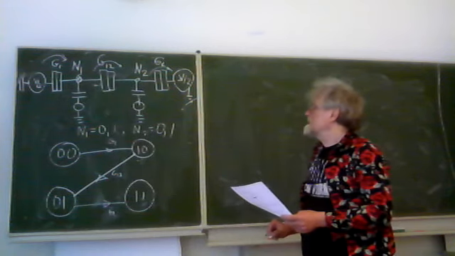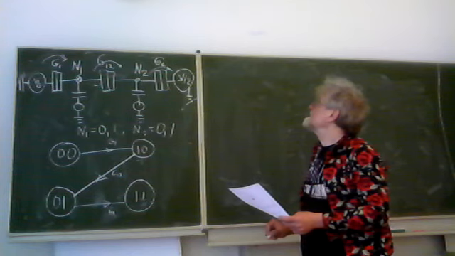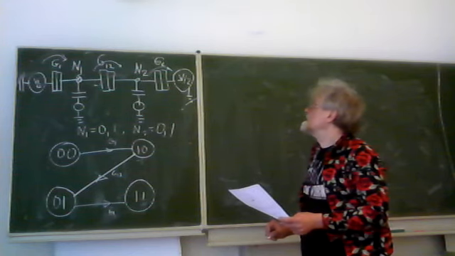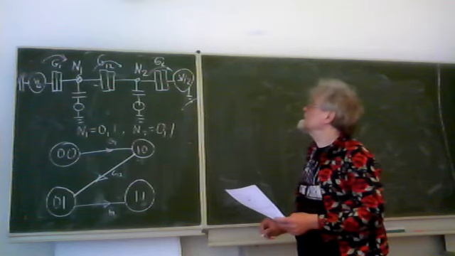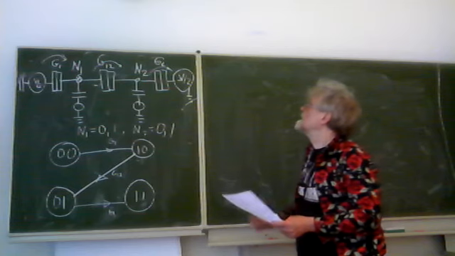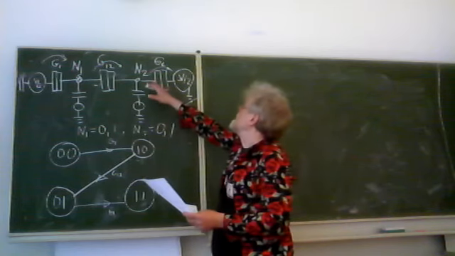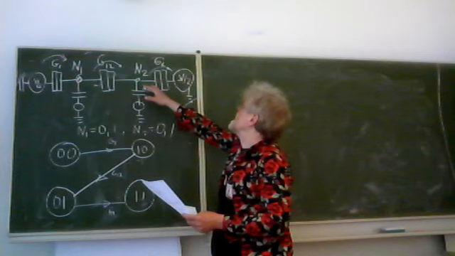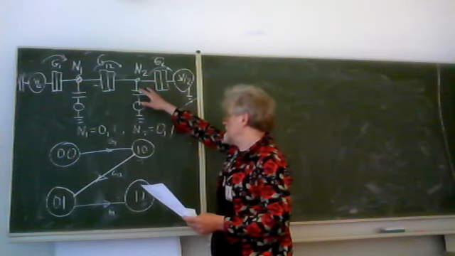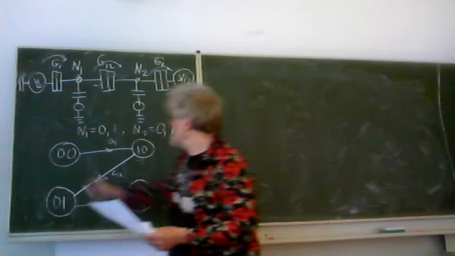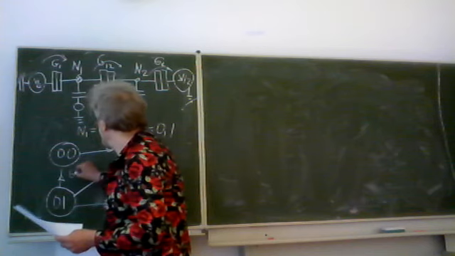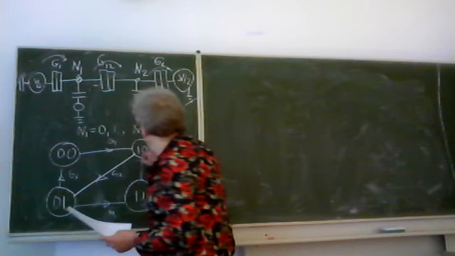And let us see. Gamma 2, here it is, so an electron must be here. It starts from these 2 states and leads either here or here.